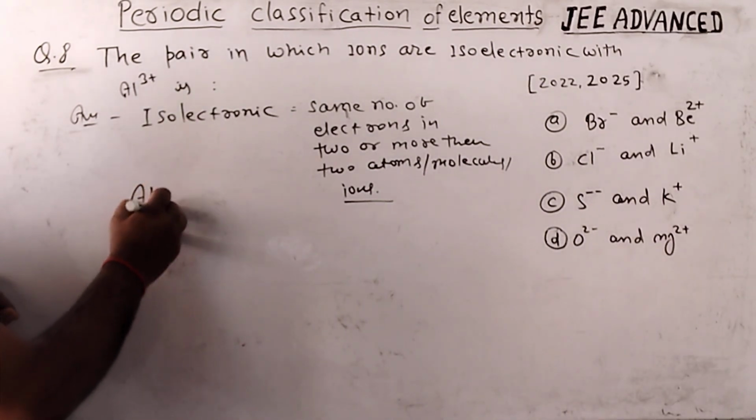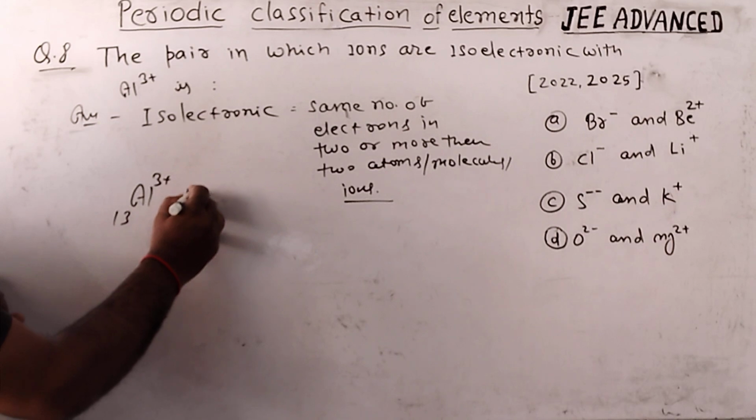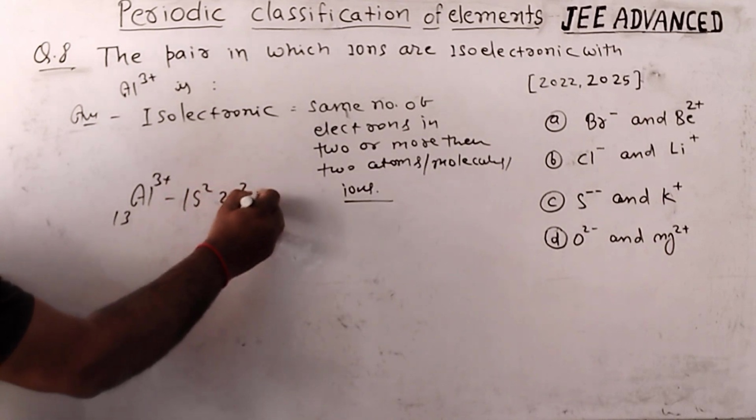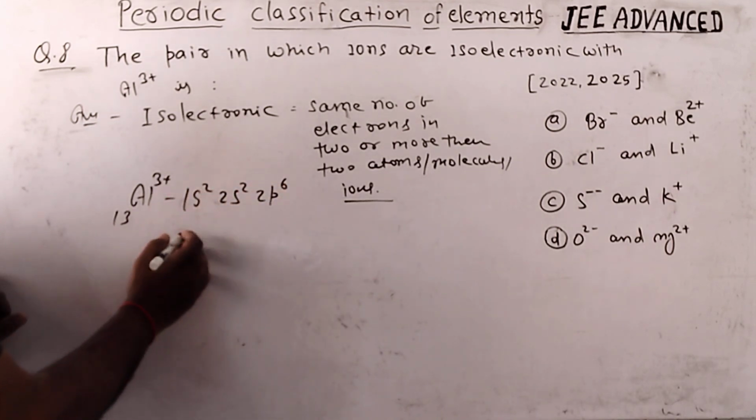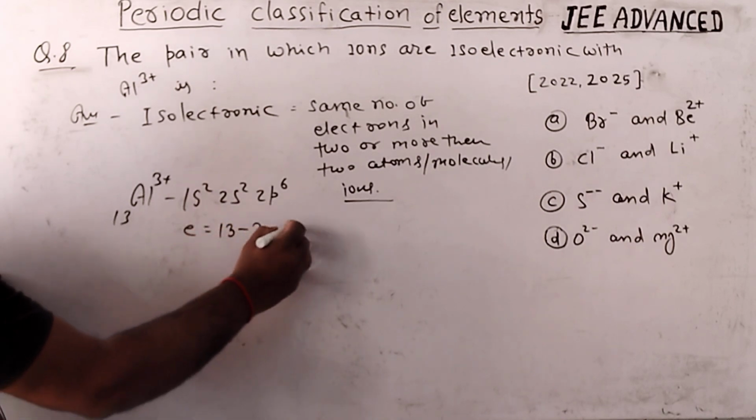Now in case of the aluminum cation, atomic number 13, electronic configuration 1s2, 2s2, and 2p6. Electrons are 13 minus 3, which is 10.